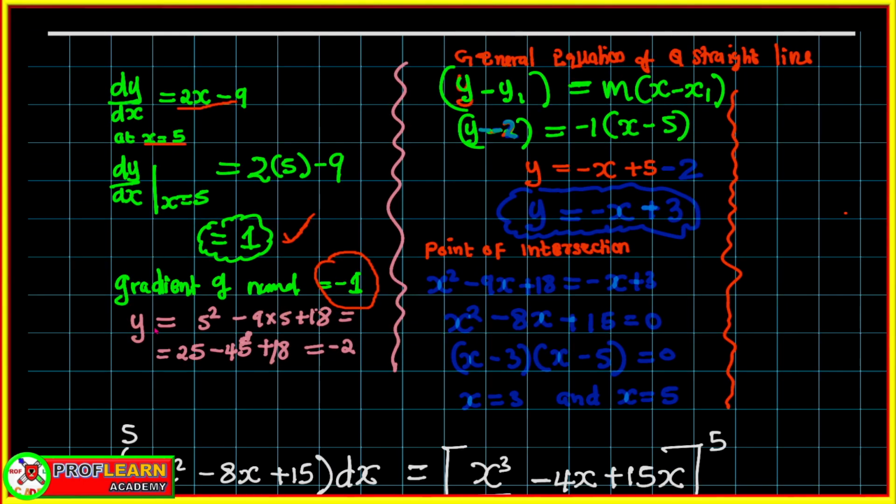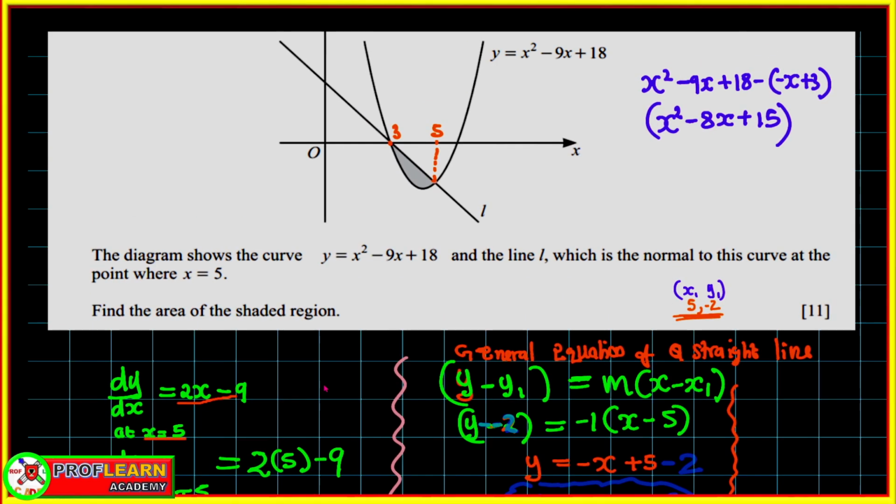So if you substitute x equals 5 into the original equation of the curve, we are going to get, when x is equal to 5, y is equal to -2. Now if you have that point, this line that we are having here passes through (5, -2).